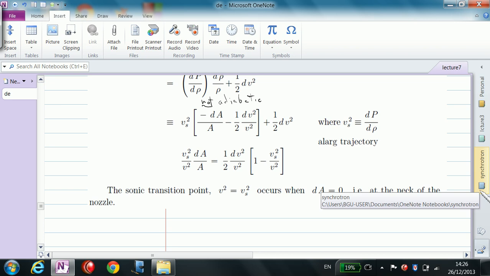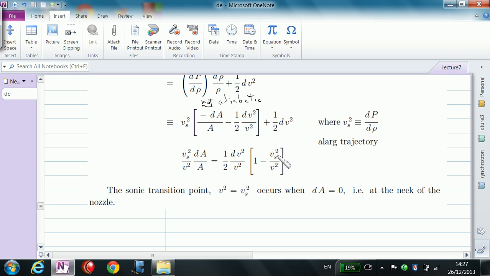It's going to cool adiabatically, but if it's just expanding, it never becomes supersonic, unless it always was supersonic. Because dA over A is positive, and let's say V squared was less than Vs squared.